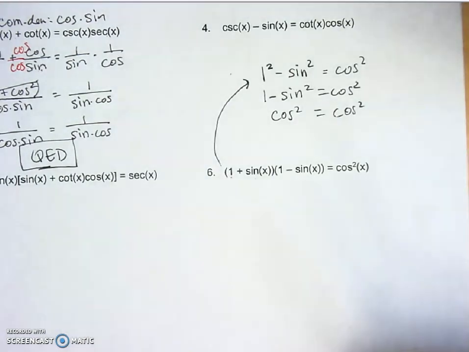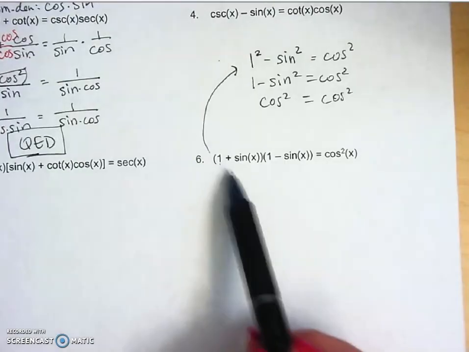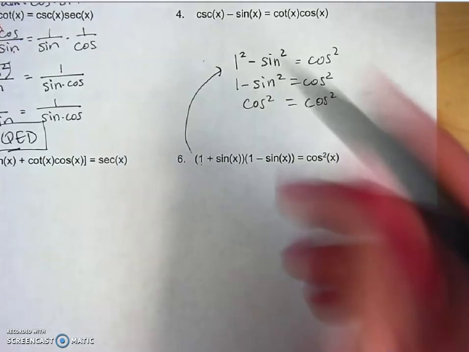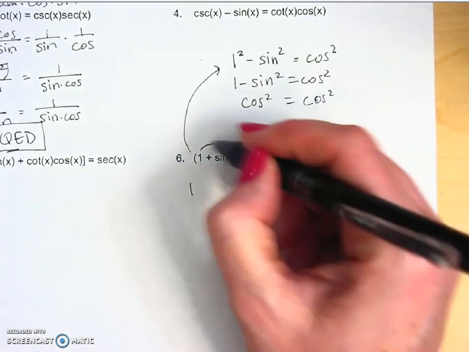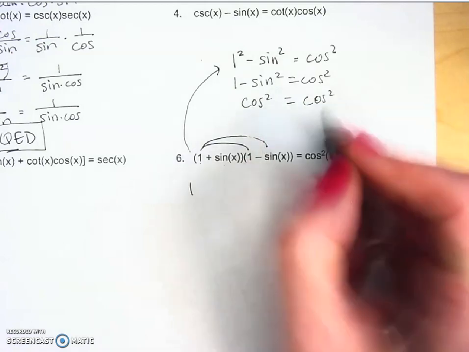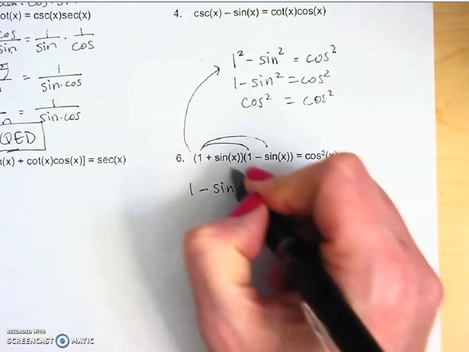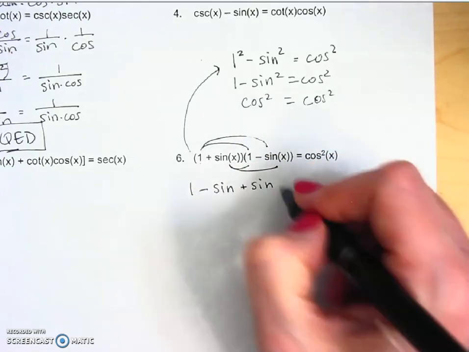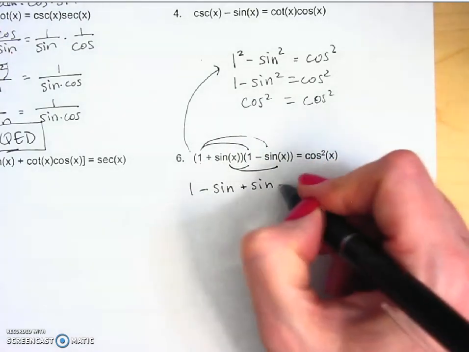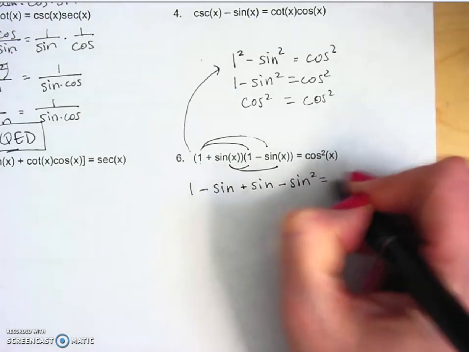Let's say you didn't recognize that. You could do this. You have a binomial times a binomial, and that is a FOIL situation. So first terms gives me 1 times 1. Outside terms minus sine. Inside terms plus sine. Last terms are positive times negative, so negative sine squared.